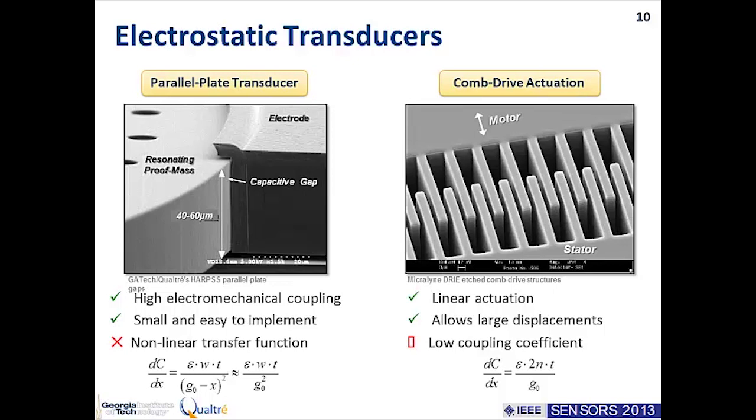So in tuning fork or low frequency type of gyroscopes, these comb drive structures have been extensively used because, as we will see later, the overall noise or the Brownian noise of tuning fork gyroscopes in general is inversely proportional to our drive displacement.